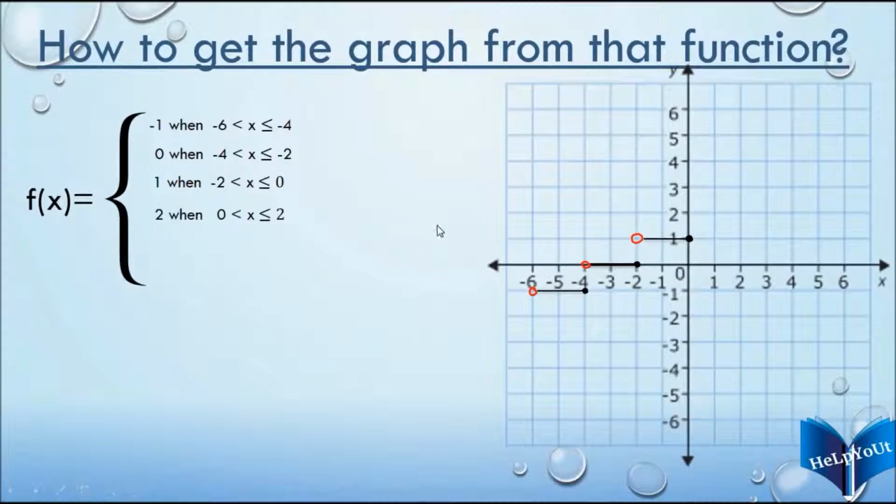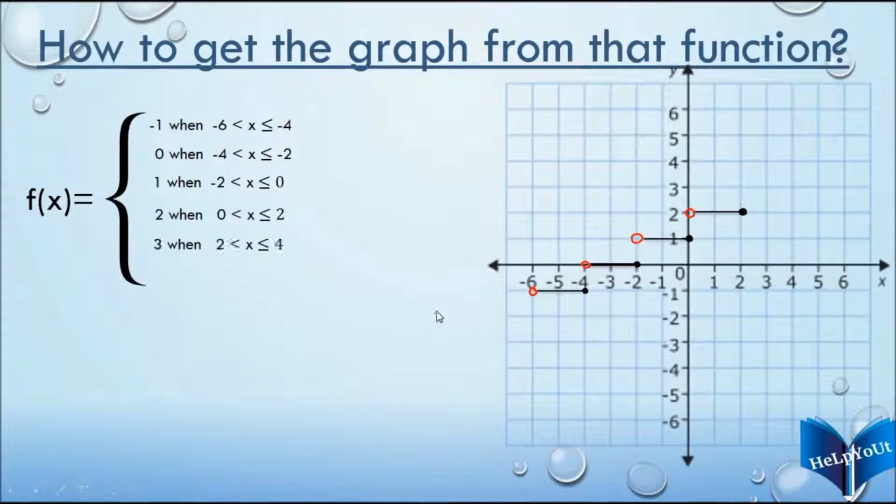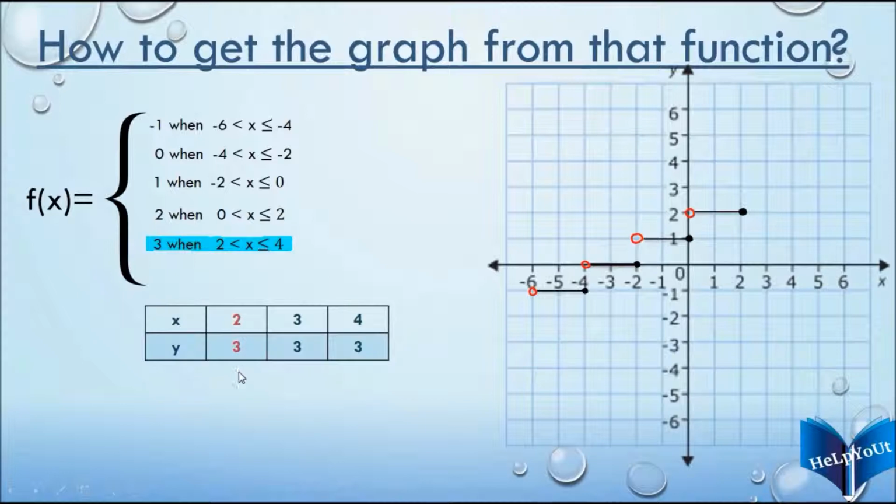Similarly, we can draw the next part, 2 when x is between 0 to 2. For that again we get a similar kind of table and then we draw a similar kind of graph. Open circle at (0, 2) and the line, and closed circle at (2, 2). Same way 3 when x is between 2 to 4. For that we get this table and then we get this line.